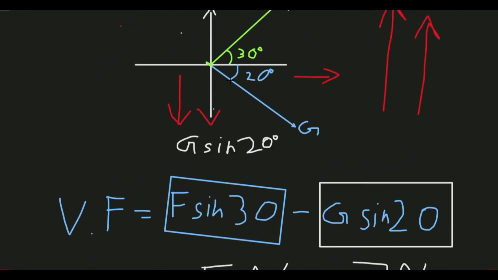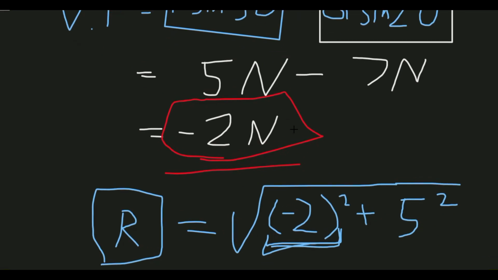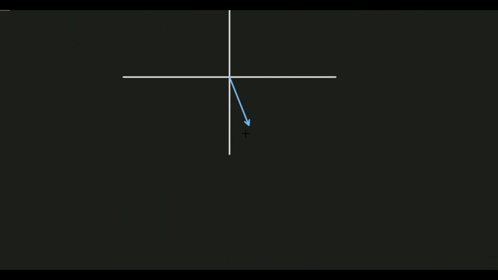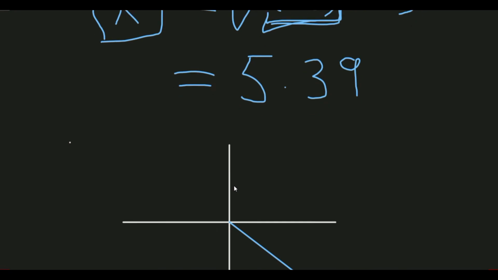Don't get confused. We know that the resultant force is downwards and the horizontal force is to the right. So we can say that the resultant force is downwards and towards the right. Suppose it's like this.